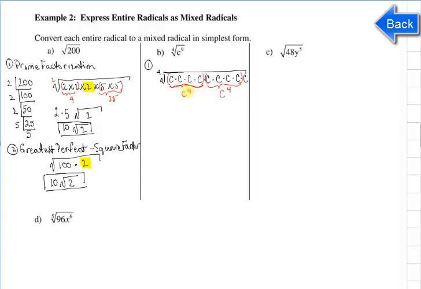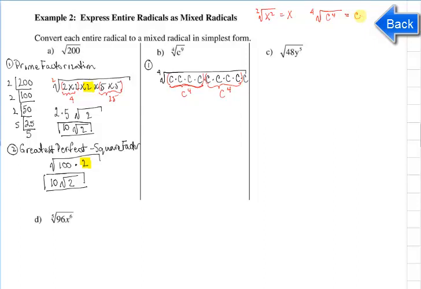I'll just illustrate that up here: just like a square root undoes a square, so the square root of x squared is x, the fourth root will undo an exponent of 4. So if I take the fourth root of c to the 4, that leaves me with c.